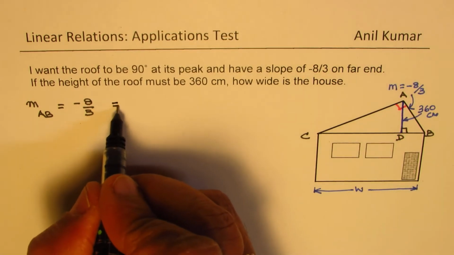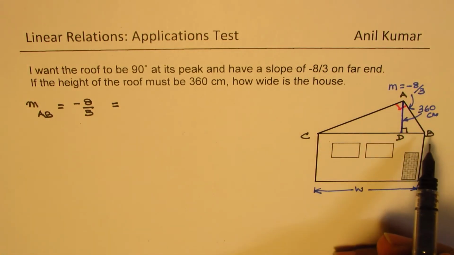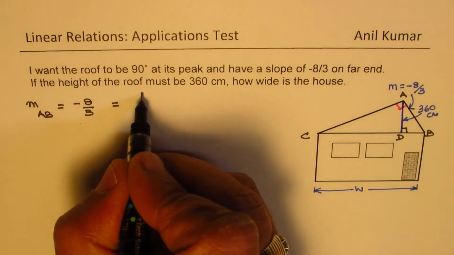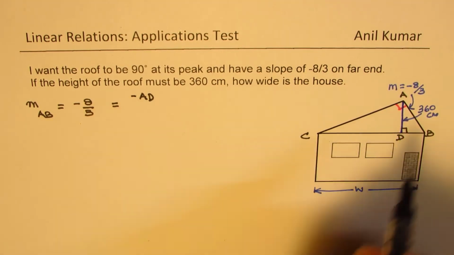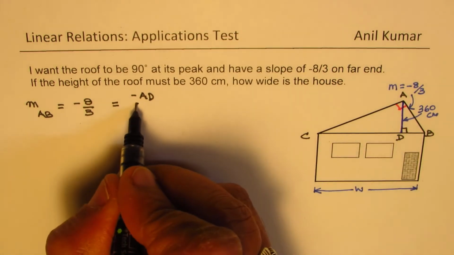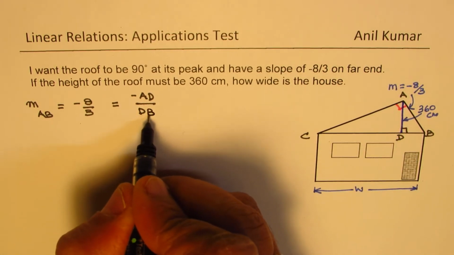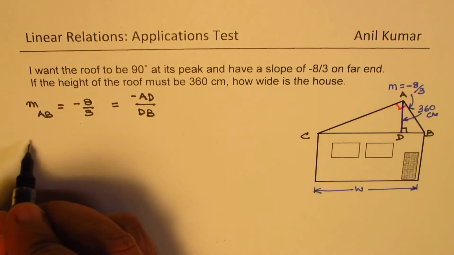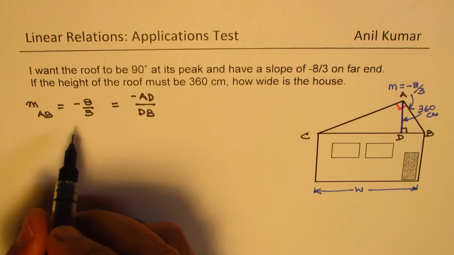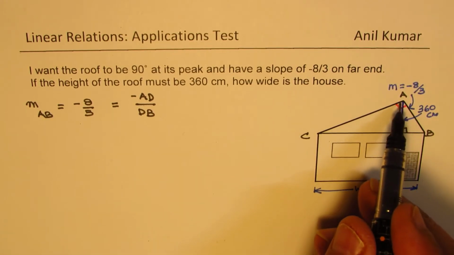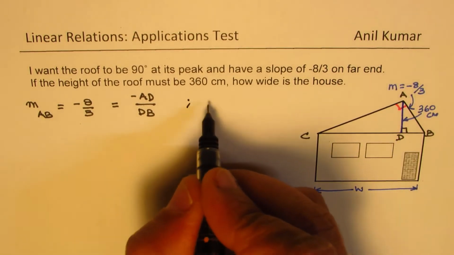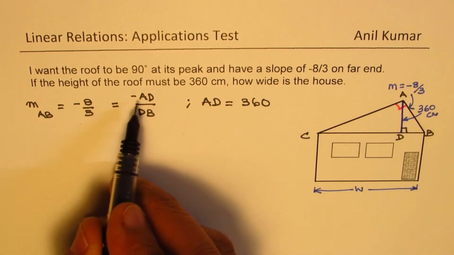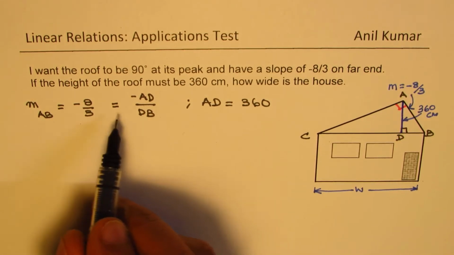In this particular case, the slope is rise over run, and this is negative, going downwards. So we say negative of AD over DB. And we know the slope is minus 8 over 3, and we also know that AD is 360. Substituting that value, we can find what DB is.